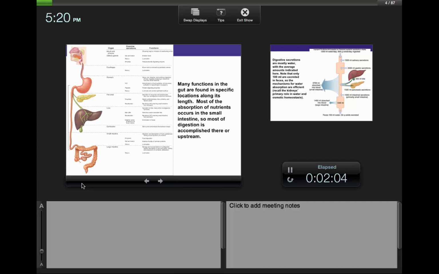Then we'll talk about the esophagus and some of the muscles that control it. I think that's the major thing to know about the esophagus. And peristalsis. Remember I told you the story of my daughter who swallowed the quarter? That gave you an idea of peristalsis and secondary peristalsis in the esophagus.